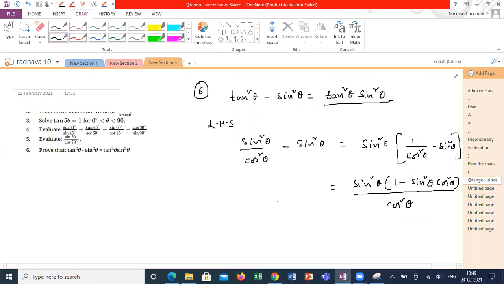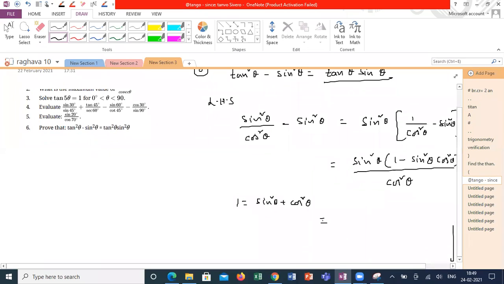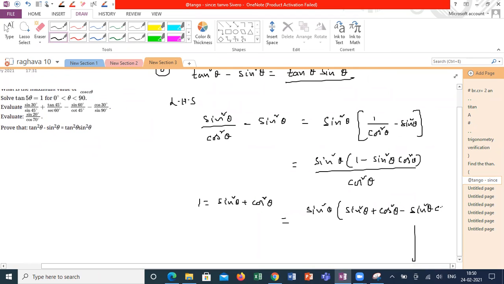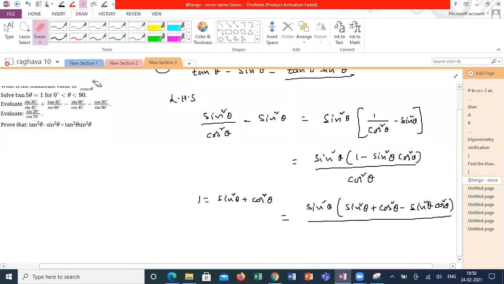So in place of 1, I can write this identity, sine square theta plus cos square theta. So what will I get if I use this one? This will be sine square theta into sine square theta plus cos square theta minus sine square theta into cos square theta divided by cos square theta.